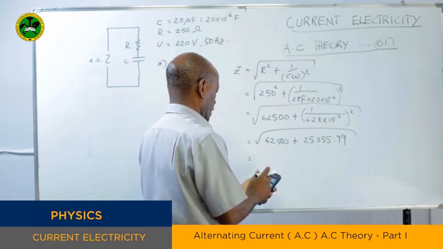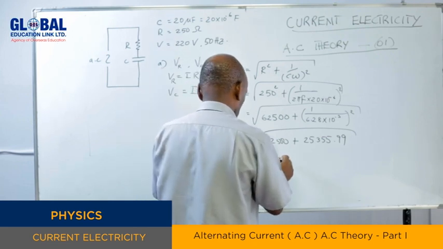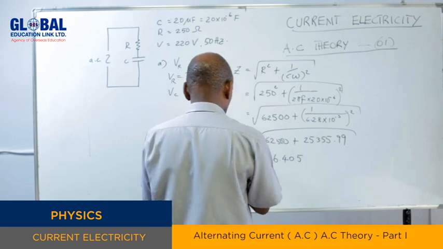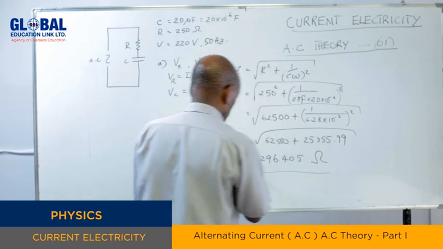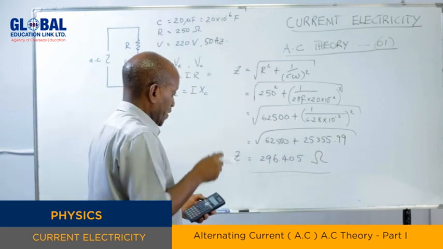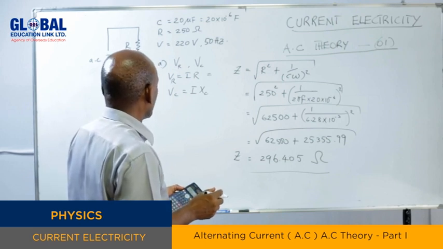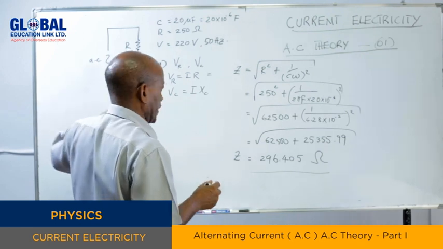This will be equal to 296.405. The impedance will be in ohms. And this is the impedance for the whole circuit.